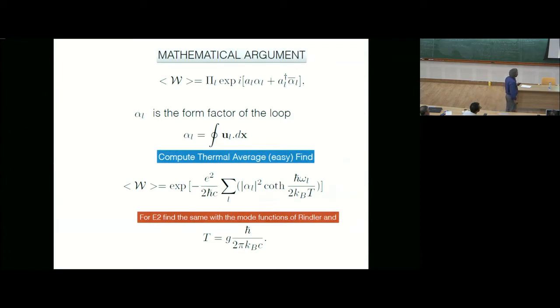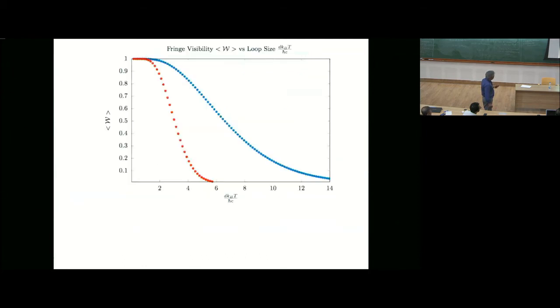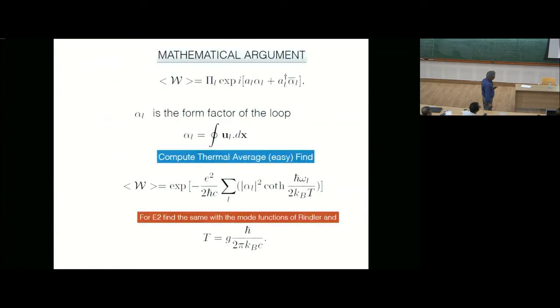You compute the thermal average, which is actually quite easy. It involves simple manipulations of A and A dagger, which I can reproduce if there are questions. And then you find that the thermal average is given by the product over modes becoming a sum in the exponential. And here you have the fine structure constant, e squared upon h bar c, e to the minus fine structure constant by 2. And then the form factor appears here, and you have this factor.